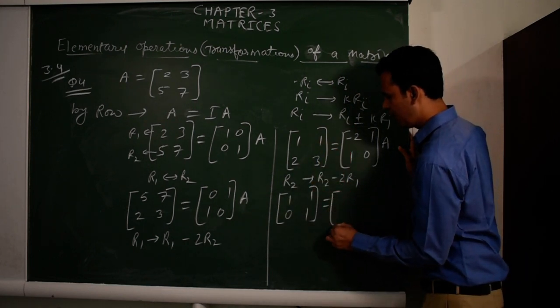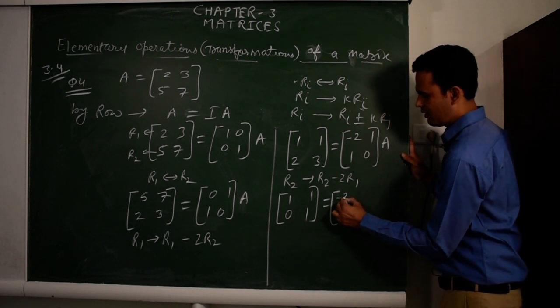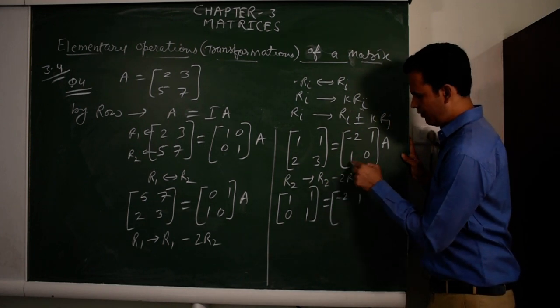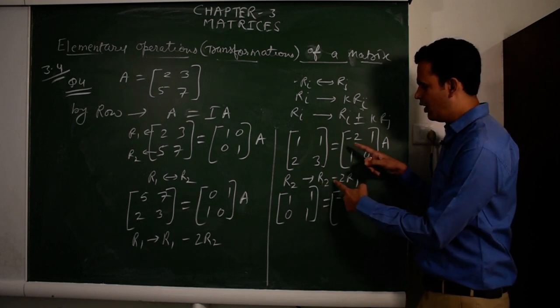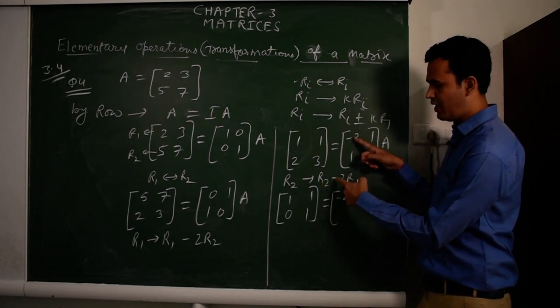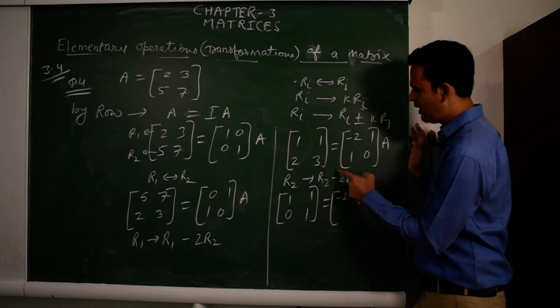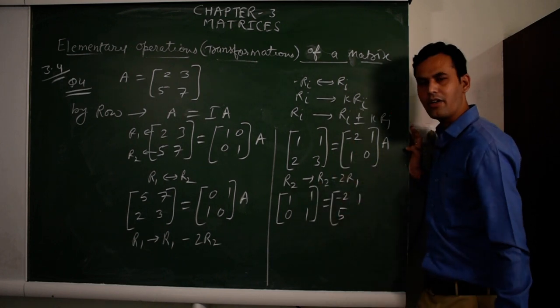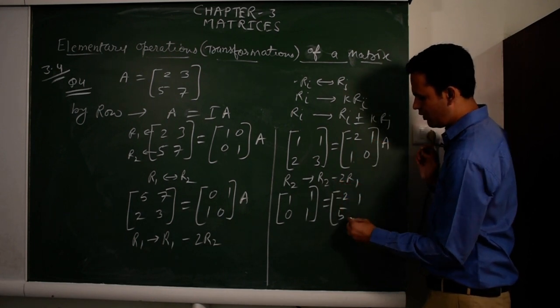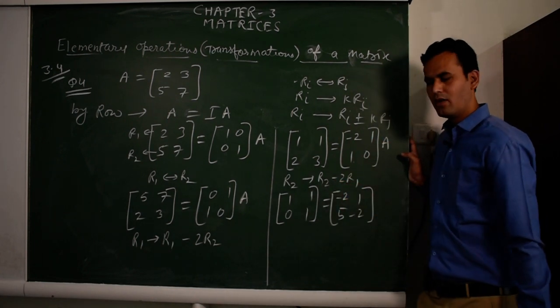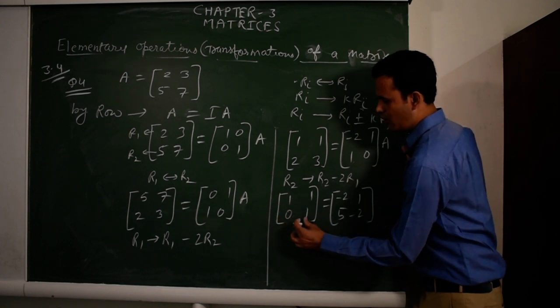Same operation we apply in R2 on the RHS. R1 is the same. R2 is 1 minus 2 into minus 2. Minus minus plus, so 1 plus 4, it's 5. And 0 minus 2 into 1, so it is minus 2. Okay, now this becomes 1, 0, 1.